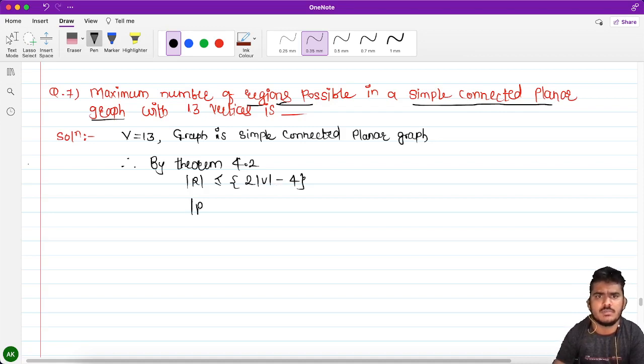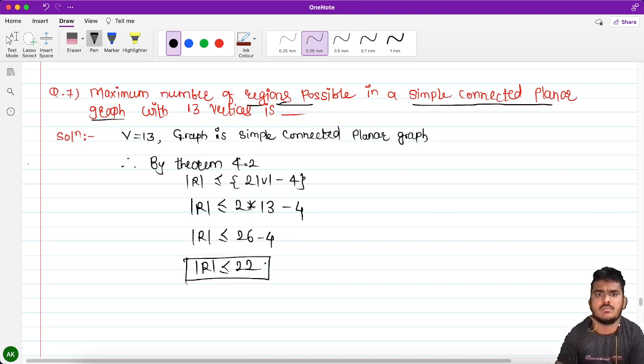So this is 2 into 13 minus 4, which is 26 minus 4. So number of regions is less than or equal to 22.